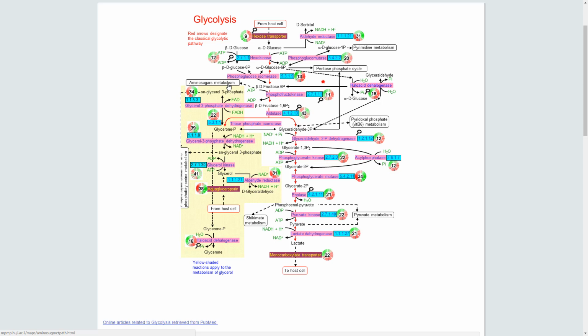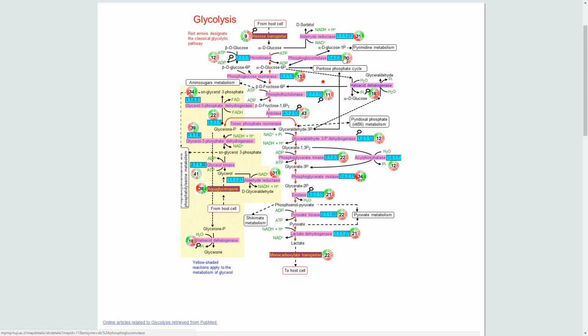You see links to other metabolic pathways, such as the pentose phosphate cycle or pyruvate metabolism, that either use or provide intermediary metabolites from or to the glycolytic pathway.